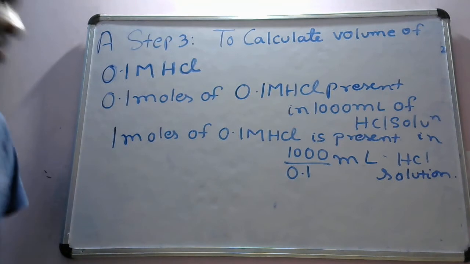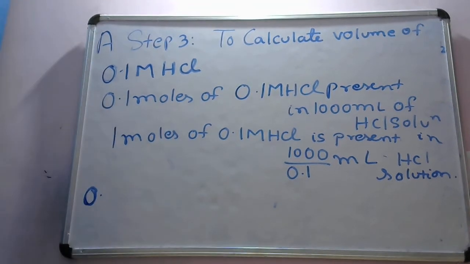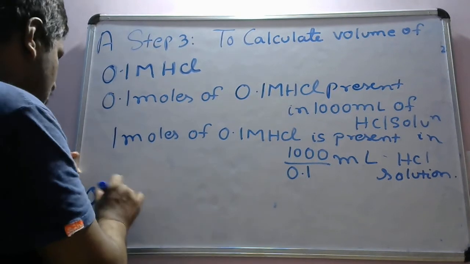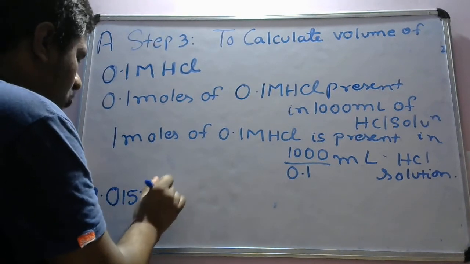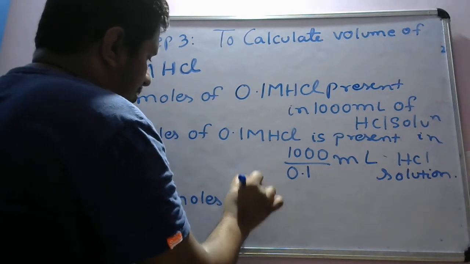Now, total number of moles of HCl which we calculated in step 2 is 0.01578 moles of HCl.